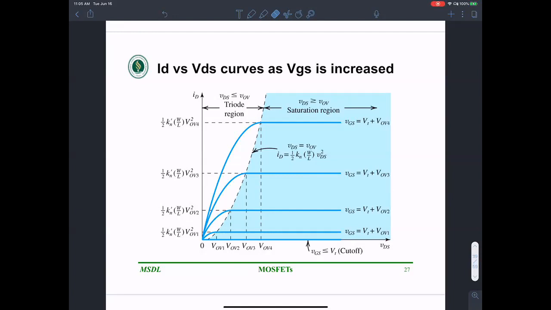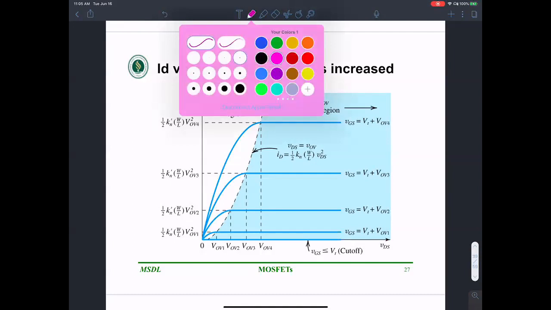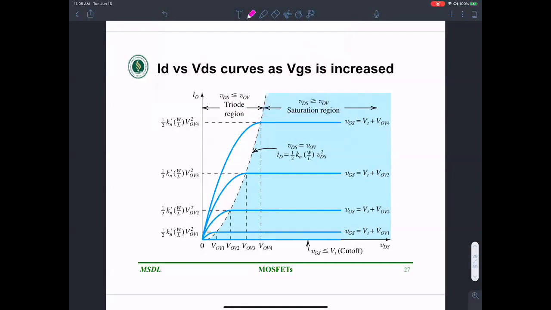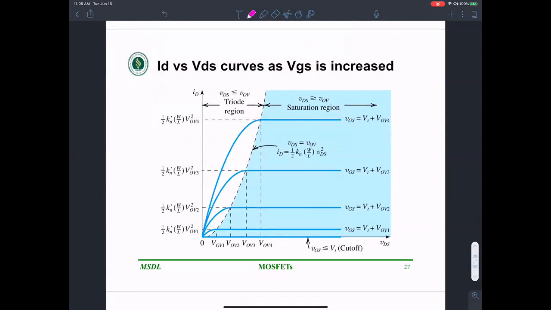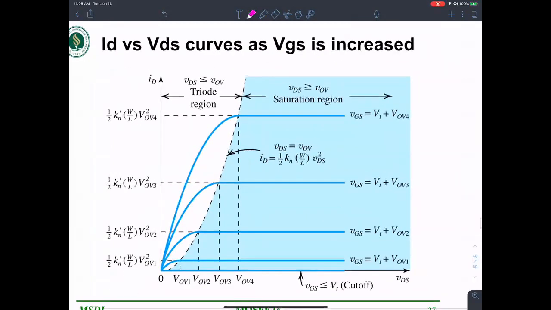So this is all about linear and saturation regions of operation, and so forth. Now I'm going to introduce a very interesting new topic to you, the idea of ID not being constant in saturation region.